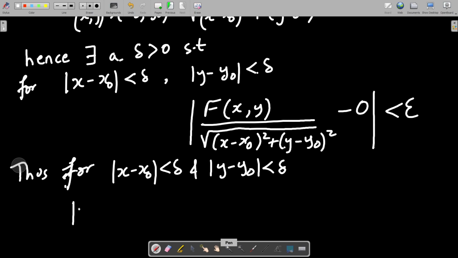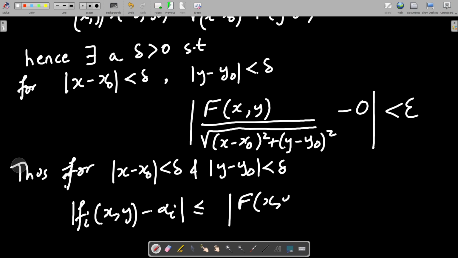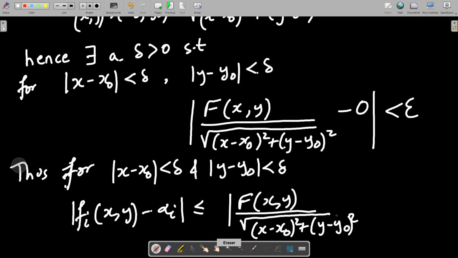We'll be getting modulus of f(x, y) minus alpha is less than or equal to this modulus.